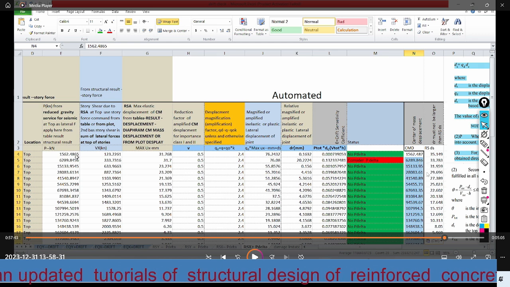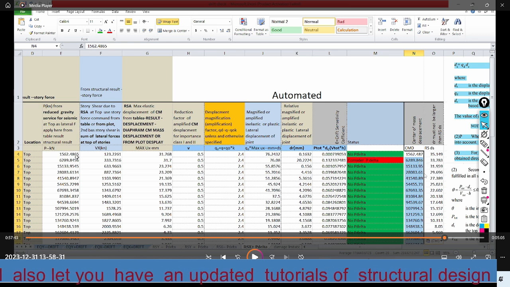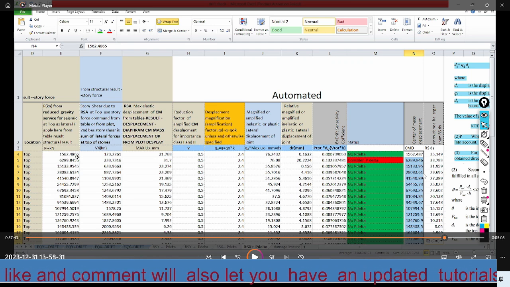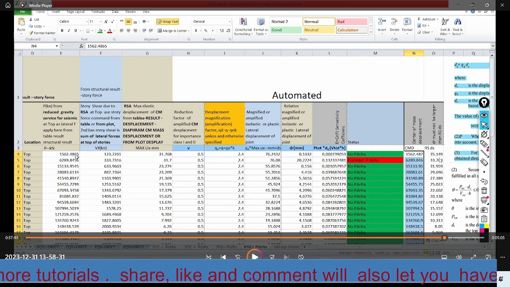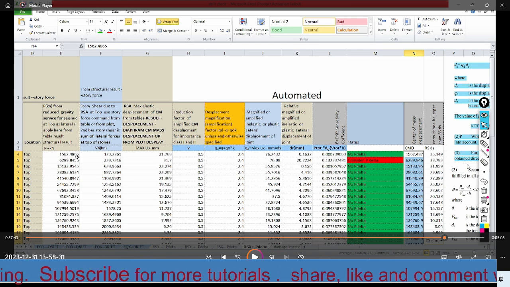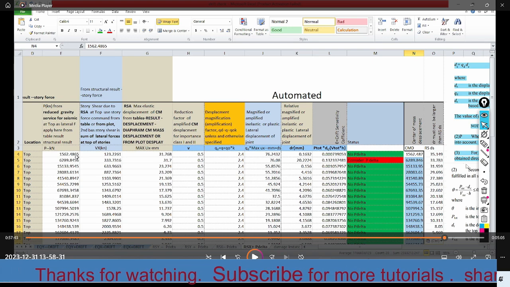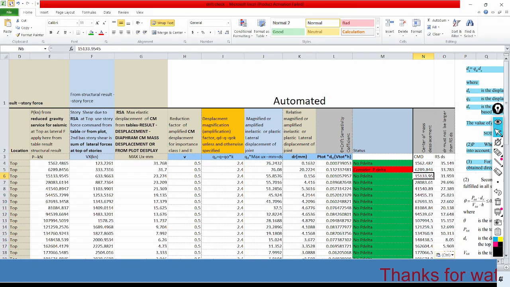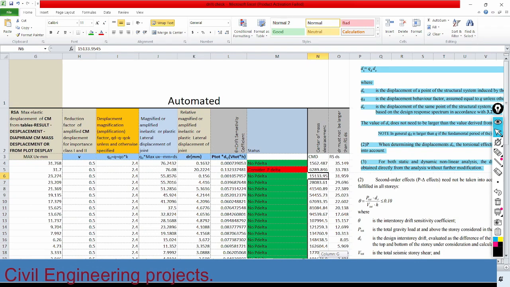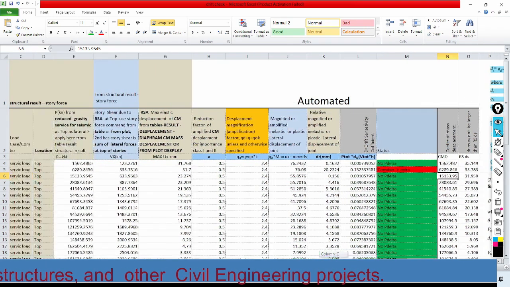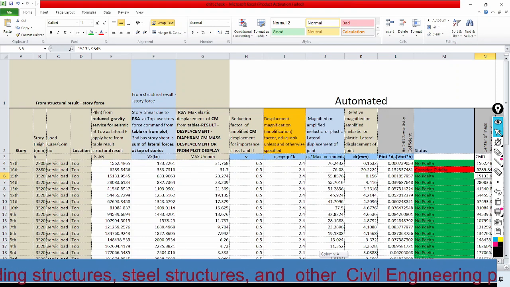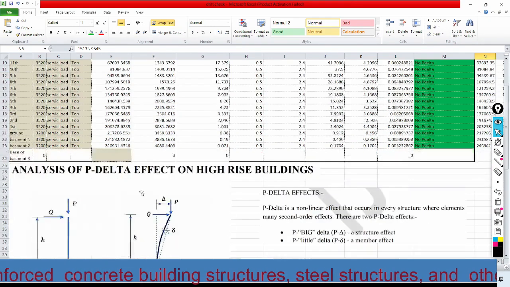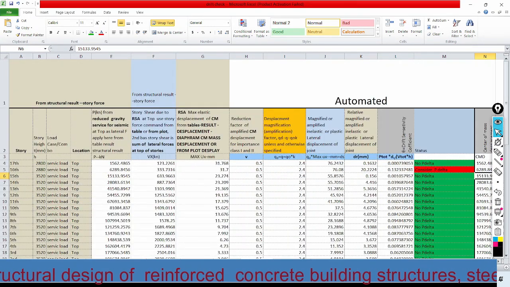So this is the significant effect of P delta on the lateral displacement and on the story shear, but it doesn't have any effect on axial forces. So here this is, I think, all about the checkup of the P delta effect on this story building.